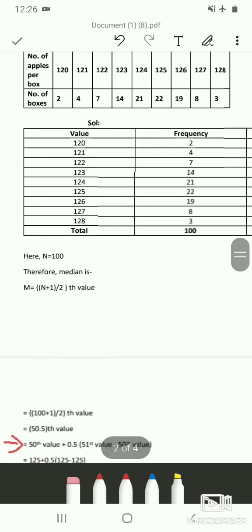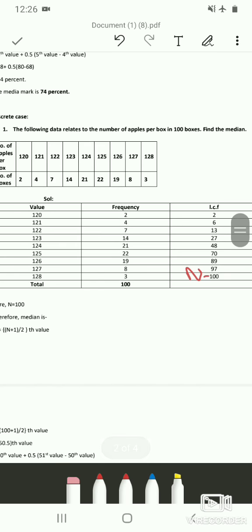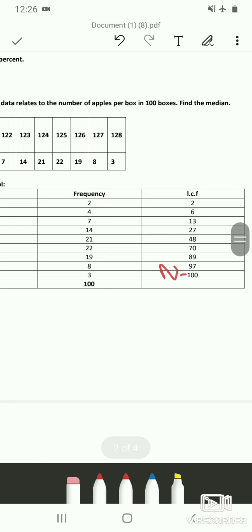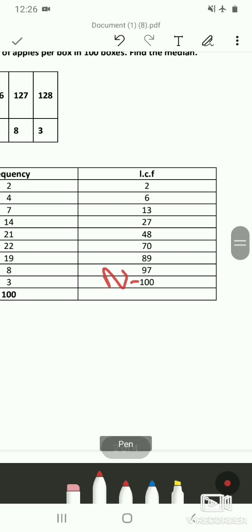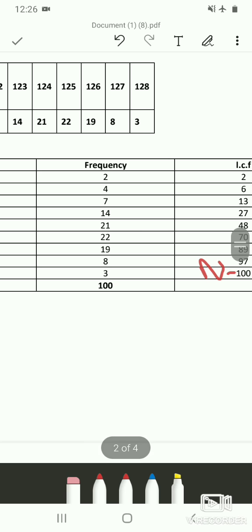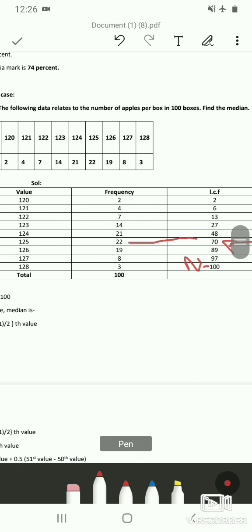In case of discrete data, to get the 50th value, go to the LCF and check for the value 50. Here you can't see the value 50 in the LCF, so check for the value that is just greater than 50, that is 70. The corresponding value for 70 is 125.